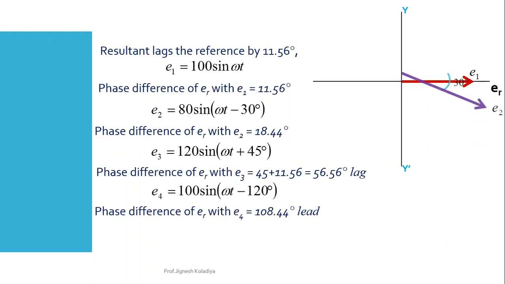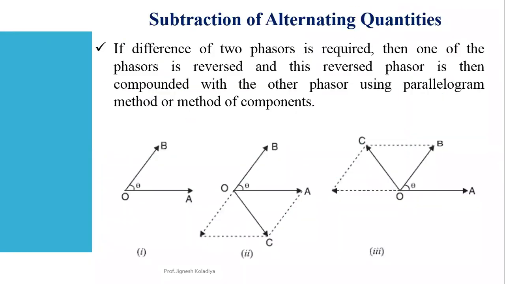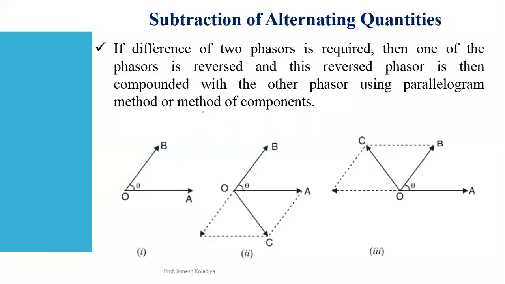Now, today we will see one small topic, that instead of addition, if it is asked for the subtraction of alternating quantities, then how you can do. Again, we are using the same method for the subtraction, either method of component or parallelogram.